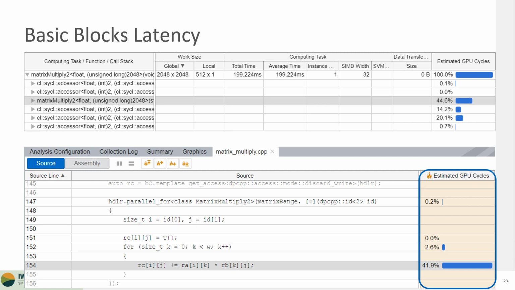It's something like a loop or a full function without any jumps and so on. So against the source line, you can have the same GPU cycles distribution characteristics shown in the source view. So with more or less acceptable precision, you will define which loops are contributing to the execution time of the kernel and how much in percentage of execution this or that loop might take from the whole execution time of the kernel.